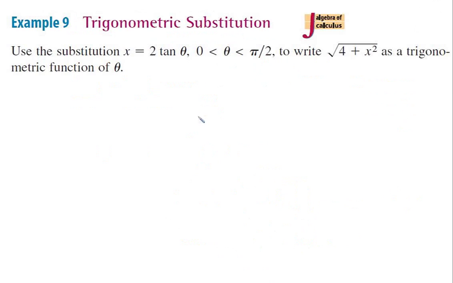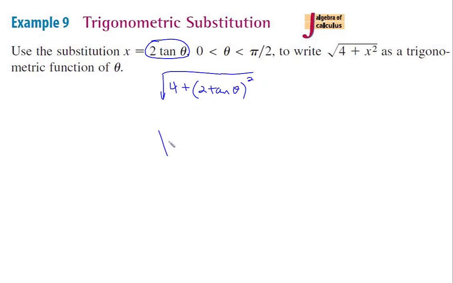Alright, so trig substitution. It says use the substitution x equals 2 tangent theta, and they give you a domain here for theta, to write the square root of 4 plus x squared as a trig function of theta. So we have the square root of 4 plus, instead of x, we're replacing x with 2 tangent theta, squared, because the x is being squared here.